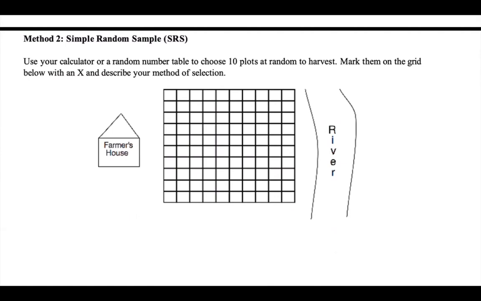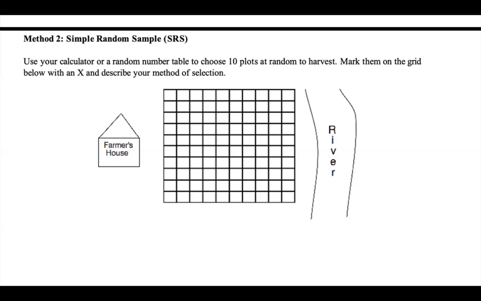What's one way to do a system? I'll give you a hint. There's literally an infinite number of correct answers. That works. How many spots are there?